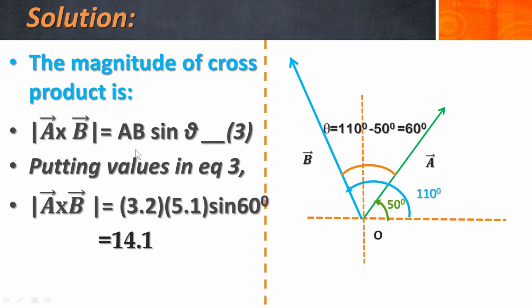So what will be the result? 14.1. This is the magnitude of cross product. Simple numerical. According to the given data, we have calculated the angle between the two vectors, then we have calculated the magnitude of dot product by putting the values in the formula, and then we have calculated the magnitude of cross product by putting the values in the formula.